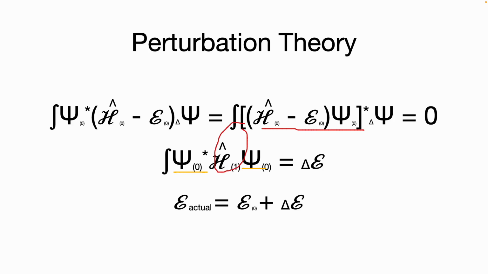And as a result, the total energy can be written as a sum of E0 and delta E, where delta E is the correction to the energy from the exactly soluble Hamiltonian's eigenvalue.